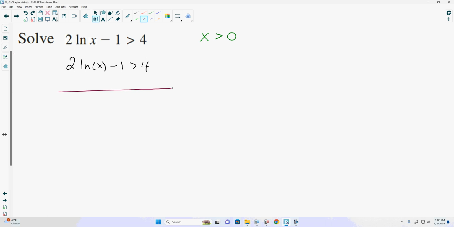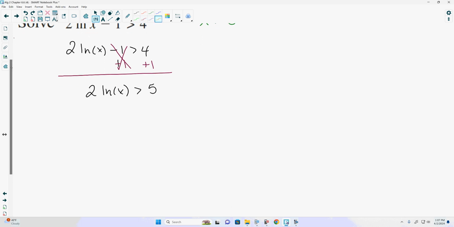What can we do first? We need the ln by itself before we can do our bases. Oh, subtract one? Because our negative 1 plus 1 would be 0, telling us 2 times the natural log of x is greater than 5.